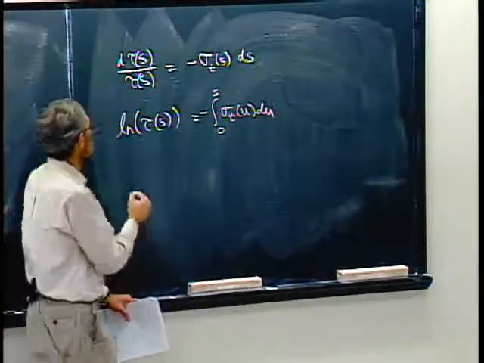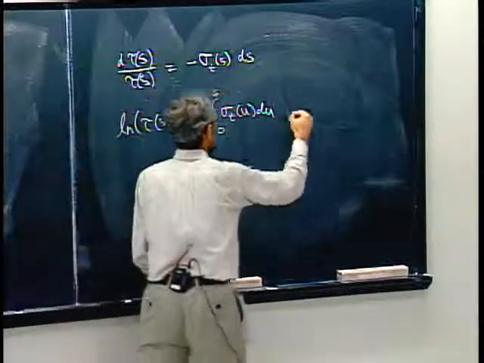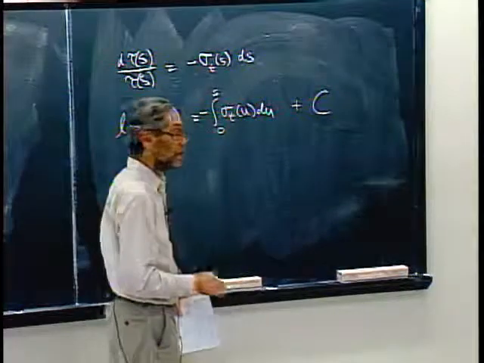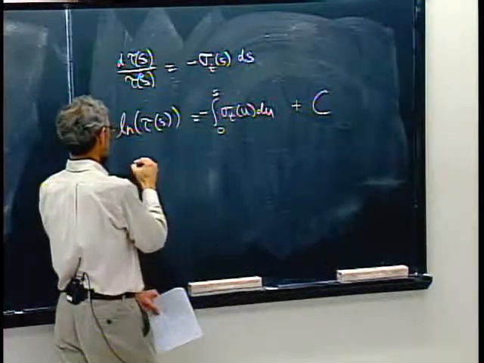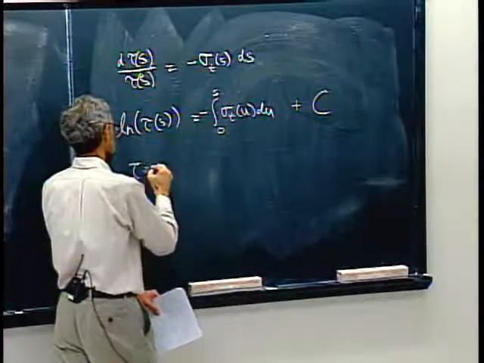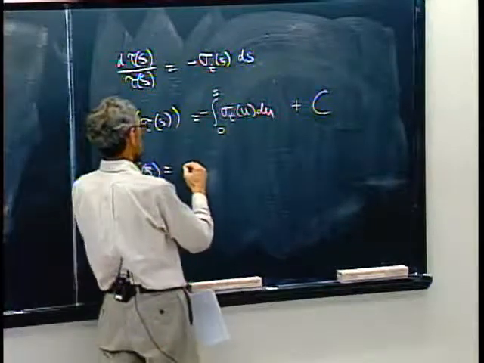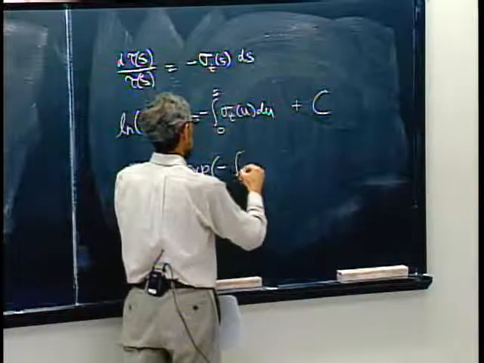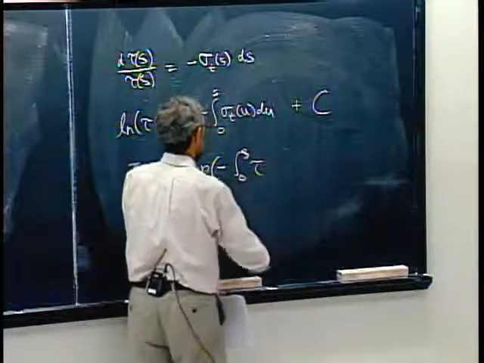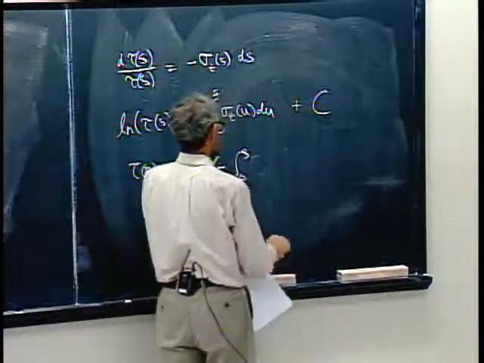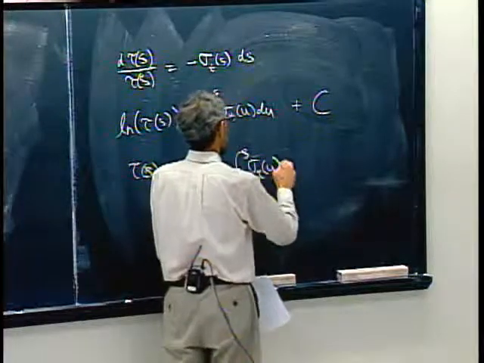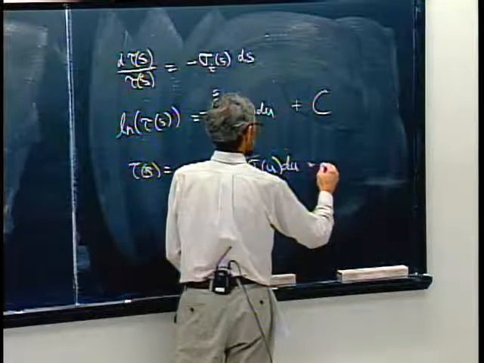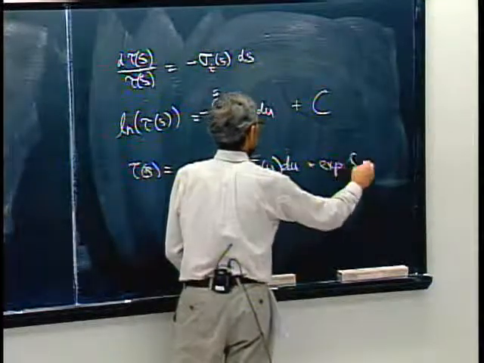Okay, and now I'm going to take the exponential. Well, actually, whenever I do this, I have to add a constant, right? Constant of integration. So now this says tau of s equals the exponential of minus the integral from 0 to s of sigma t, times the exponential of c, right?